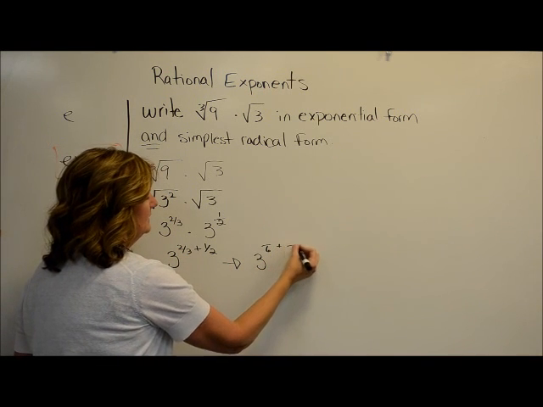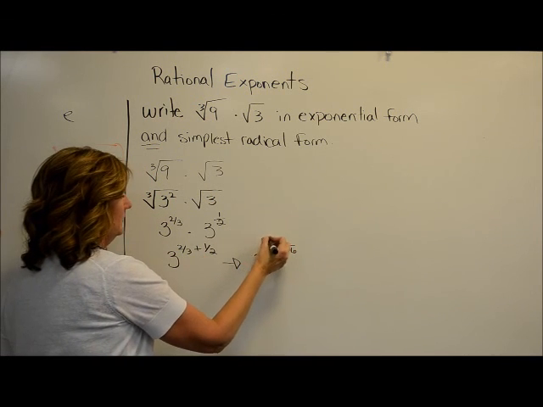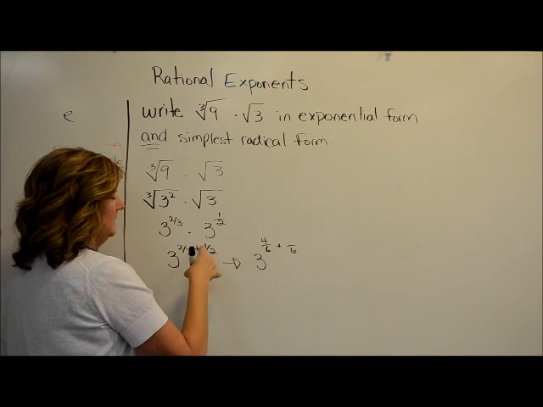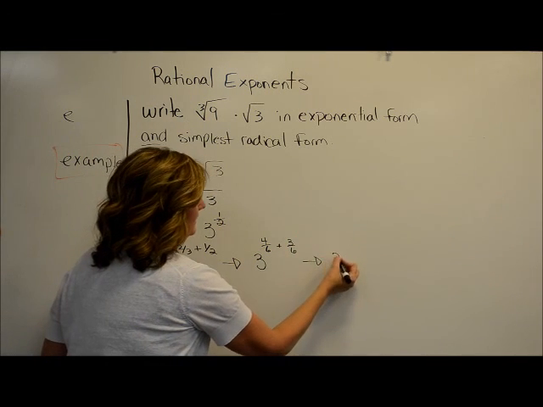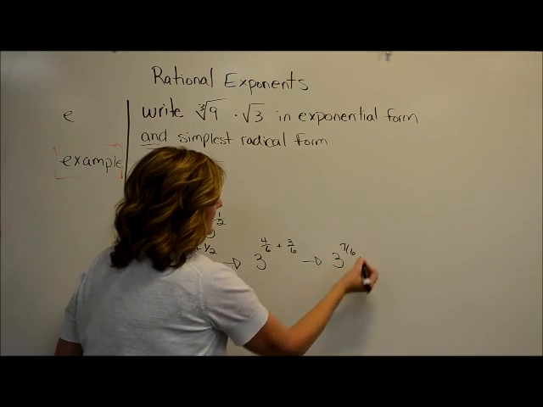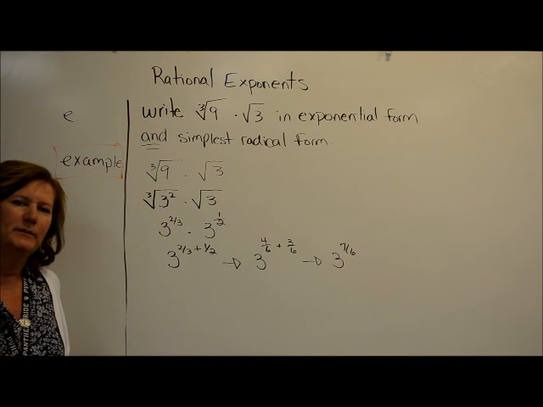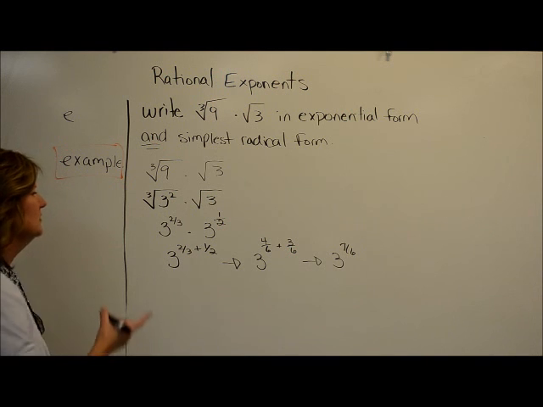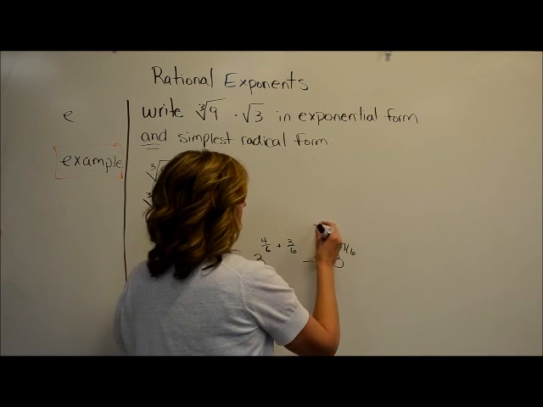It looks like 6. 3 goes into 6 twice, times 2 is 4. 2 goes into 6 3 times, 1 is 3. And my answer here is going to be 3 to the 7/6. They wanted it written in exponential form, and that is exponential form.